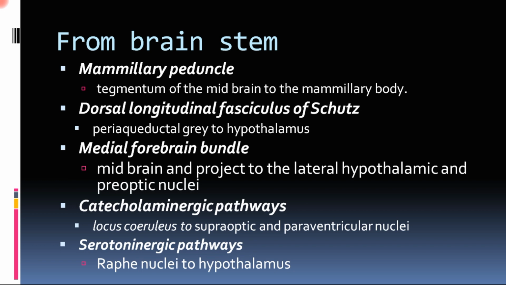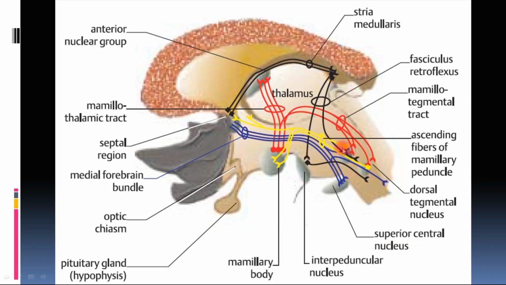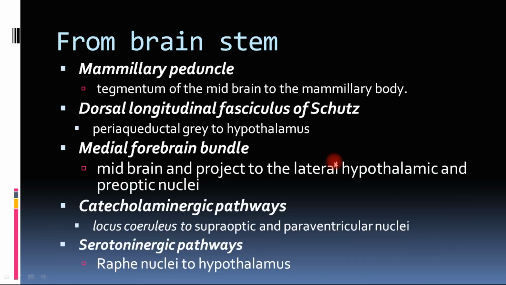The third structure here is the medial forebrain bundle, which we have already seen. The afferent fibers of this medial forebrain bundle project to the lateral hypothalamic and preoptic nuclei.